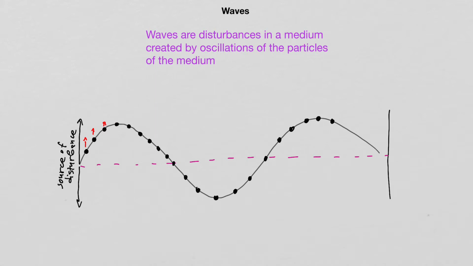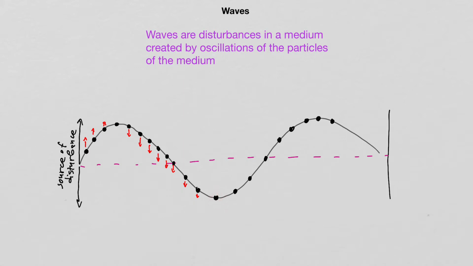The particle next to it now is moving down, and so is the other one, and that, and that, and that. And the particle that is passing through the equilibrium position of the rope is also moving down. And so then these particles here are moving down as well, but a little bit less, until we reach the lowest point.